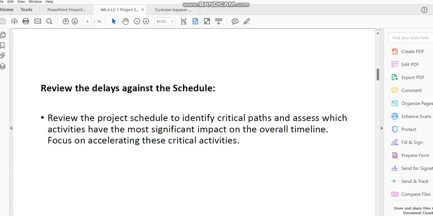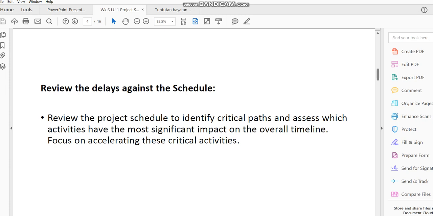But if it's total float zero, free float zero, then we are looking at a very, very critical activity. So first, you determine the causes of the delay. Then you determine whether that delay is actually on the activities on the critical path. Would it affect the overall schedule? Would it affect the next activity? And if the subsequent activities will be affected based on the critical path, then it's something that you really have to take note of.